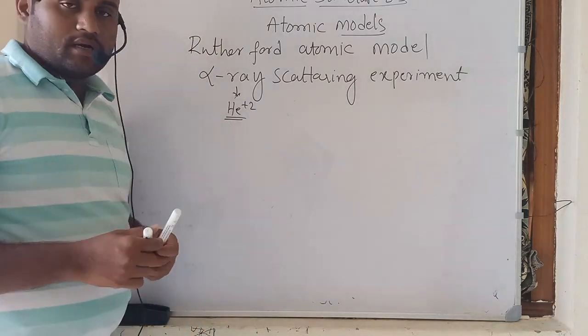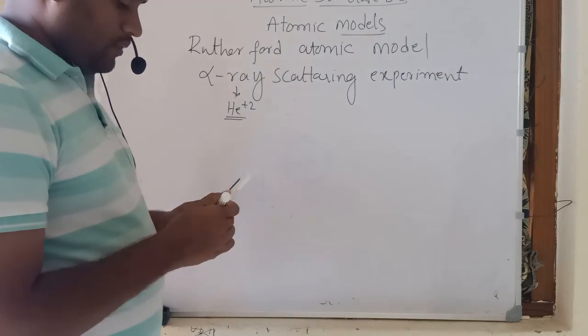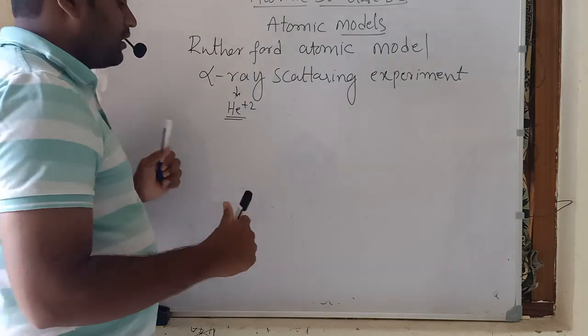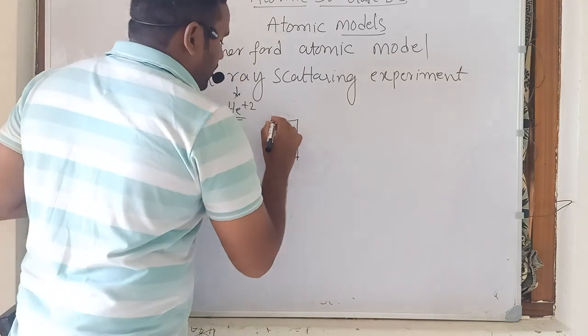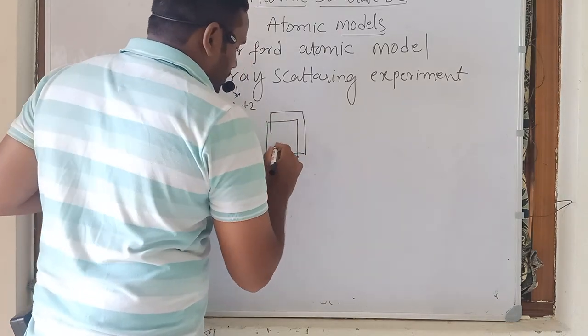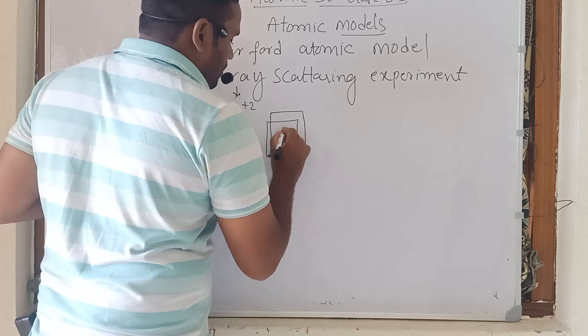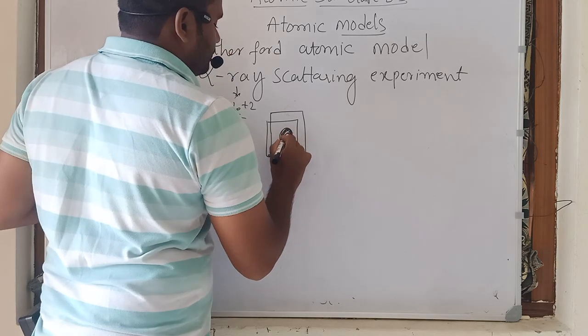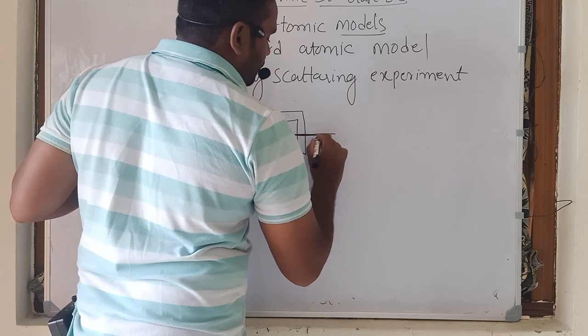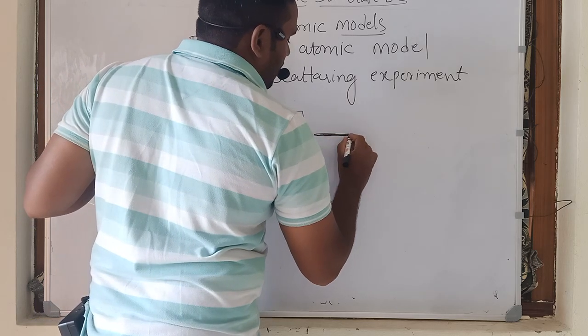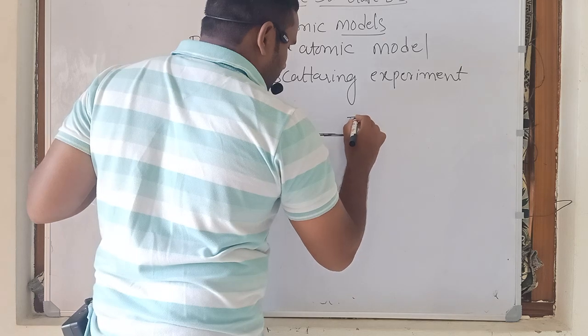Now let us see the experimental setup in the Rutherford alpha ray scattering experiment. He took one alpha ray source, a radioactive element which emits alpha particles. He allowed these alpha particles to fall on a thin gold foil through a lead plate.